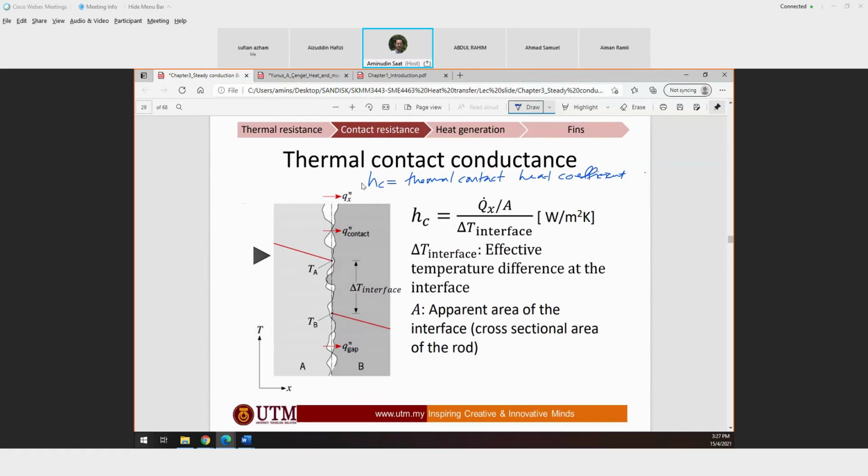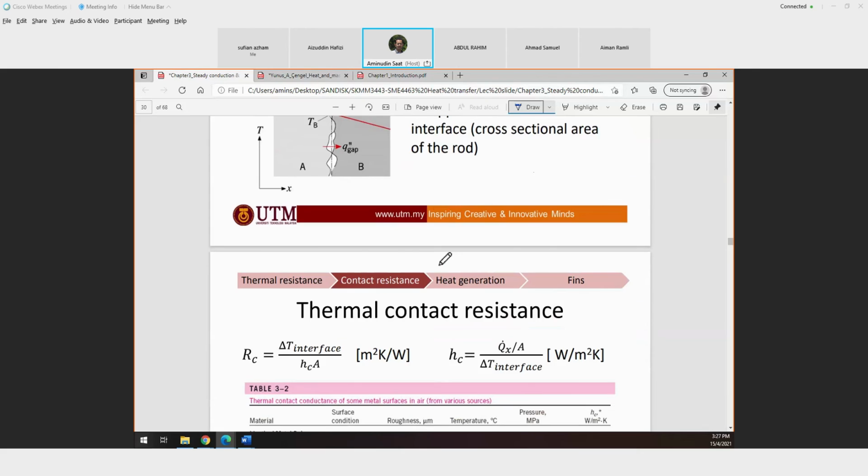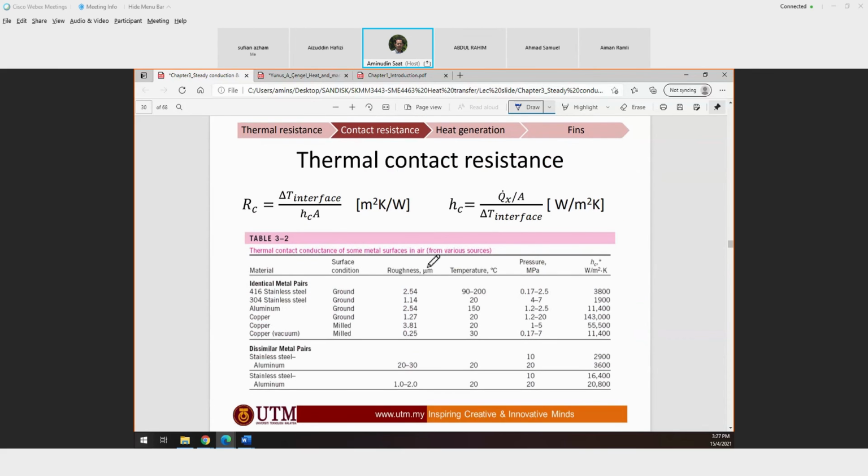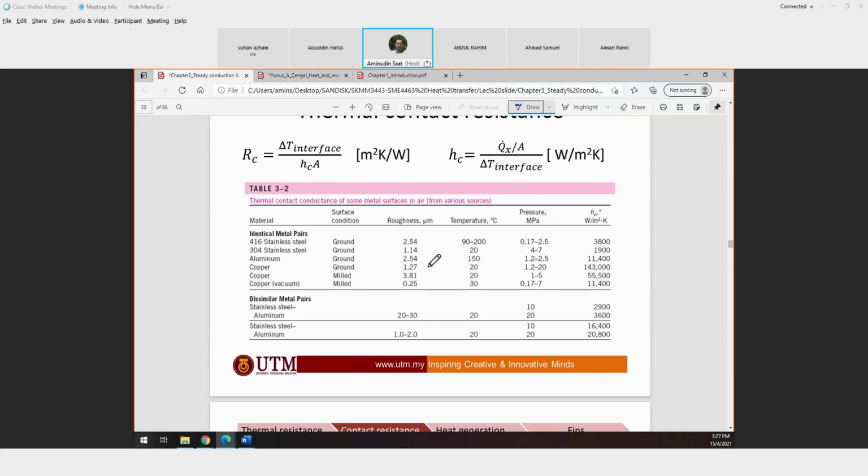You can calculate this if you know the heat transfer, the area of that particular section and the temperature difference, but it's not really easy to calculate this value because sometimes it is a bit complex. So what they use is a table. Some studies have been done before and plotted into a table, and by using table 3.2 you can find the H value.